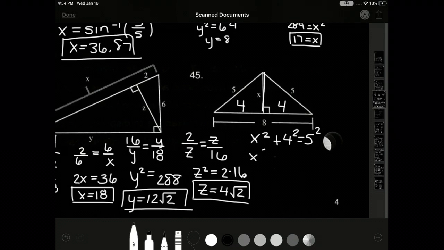So 4 squared is 16. 5 squared is 25. 25 minus 16 is 9. And when you take the square root of 9, you get x equals 3.